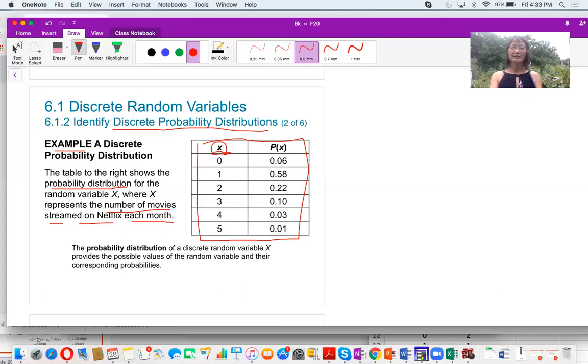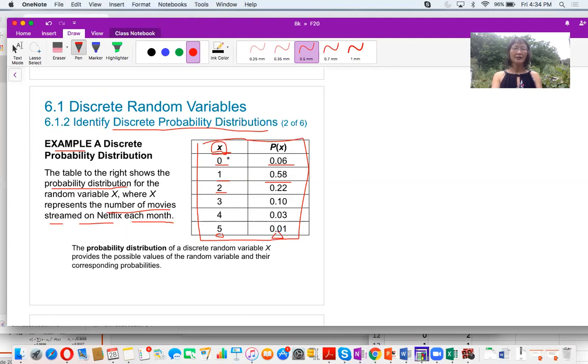And the number of movies streamed on Netflix could be 0, 1, 2, 3, 4, 5, etc. And based on the data, we calculated the probability of 0 movies streamed on Netflix is 0.06, and the probability of 1 movie streamed on Netflix is 0.58, etc. So the last one, the probability of 5 movies streamed on Netflix each month is 0.01.